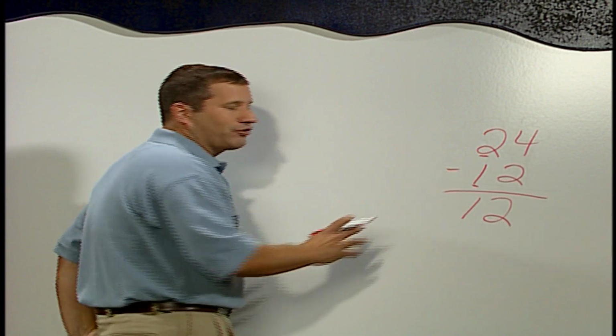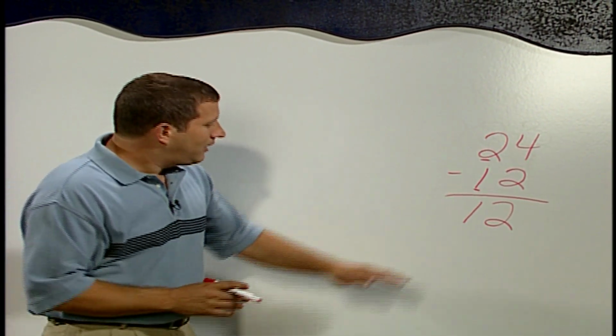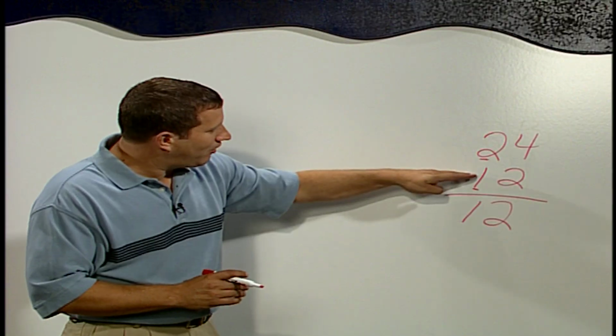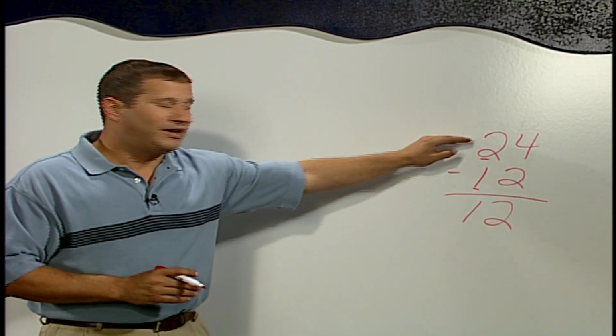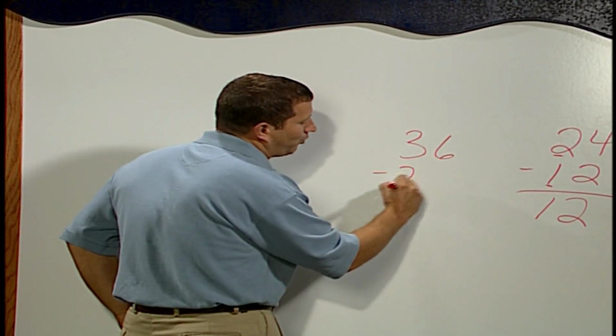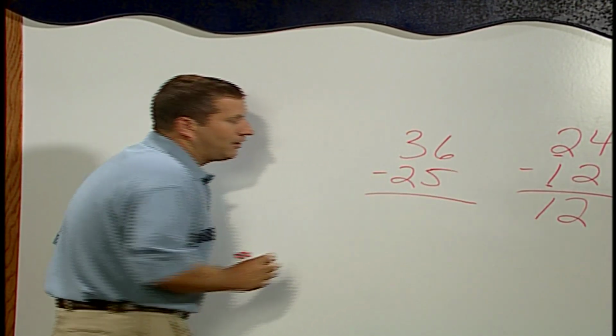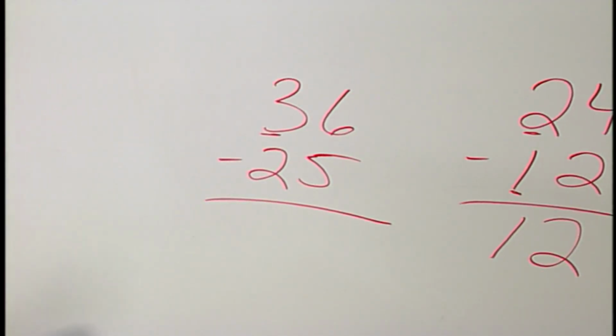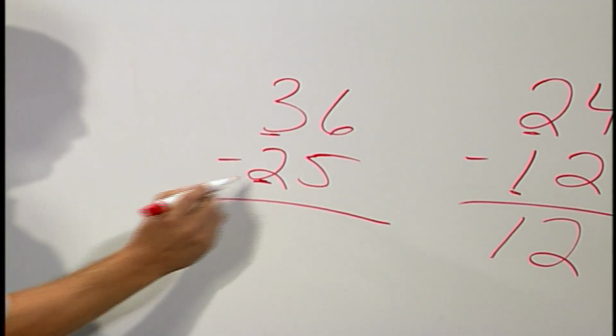The way to check your subtraction problem to make sure you're right is to go backwards. Just add it up backwards. What's 12 plus 12? And you better come up with 24. So let's try another problem and do 36 minus 25. All right, starting over here, this 3 stands for 3 tens or 30, and this is 2 tens or 20.